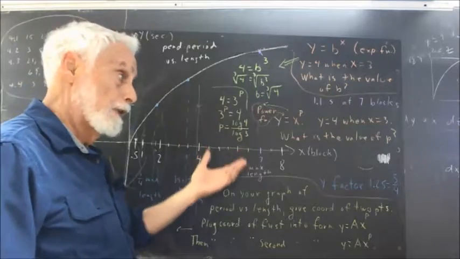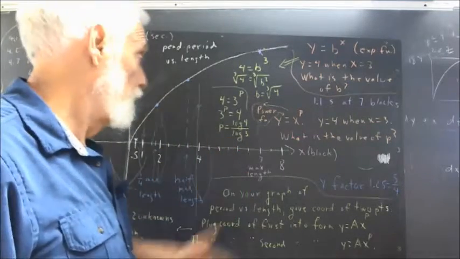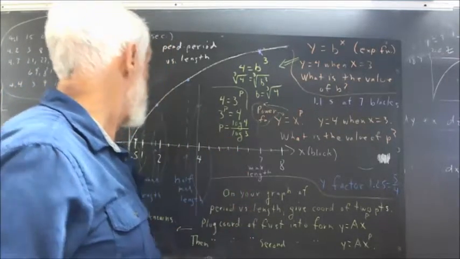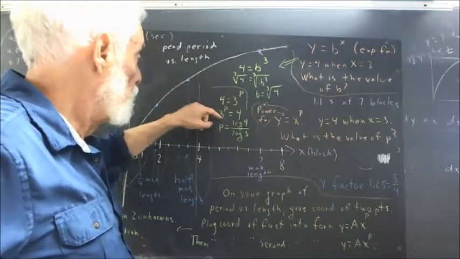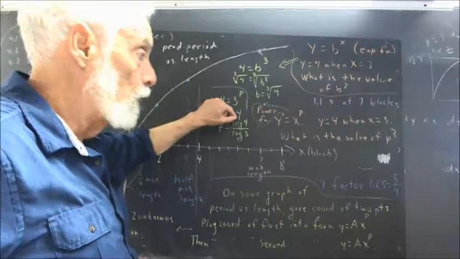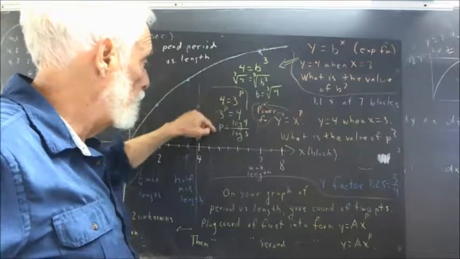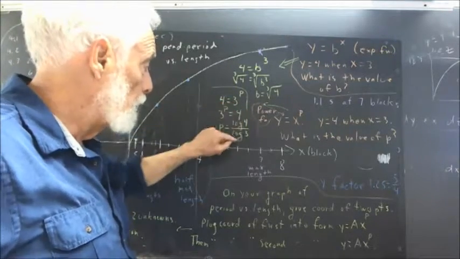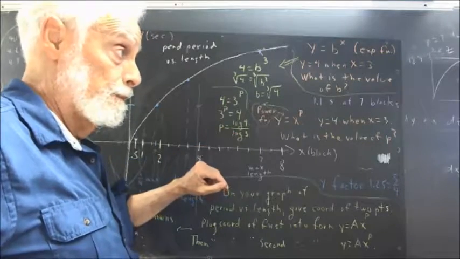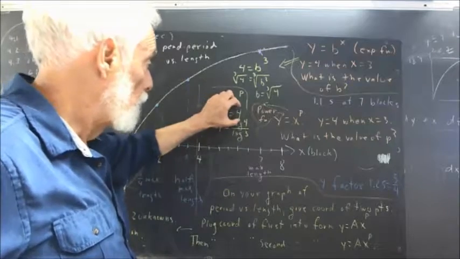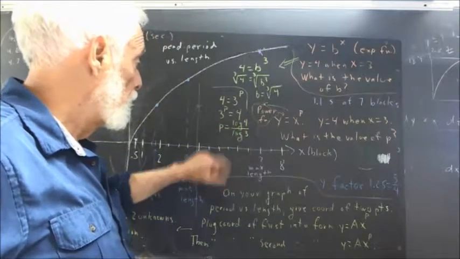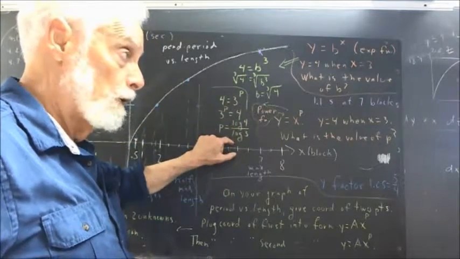Some of you understand logarithms and know them, some of you have never seen them or heard of them. So all I'm going to tell you is that the solution to 3 to the p equals 4 is that p equals the log of 4 divided by the log of 3.